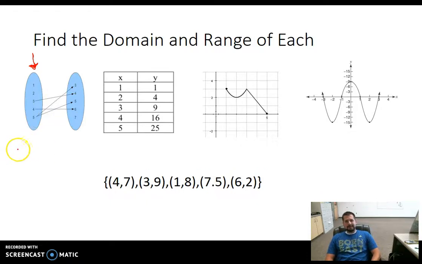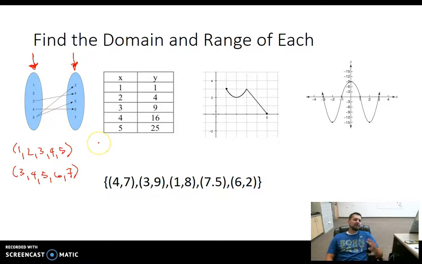So our domain of this particular function would just be all of the numbers that are in that particular circle. Okay, so that is my domain. 1, 2, 3, 4, 5. And then the range is just all of the numbers that exist on the other side. Okay, so I've got 3, 4, 5, 6, 7.